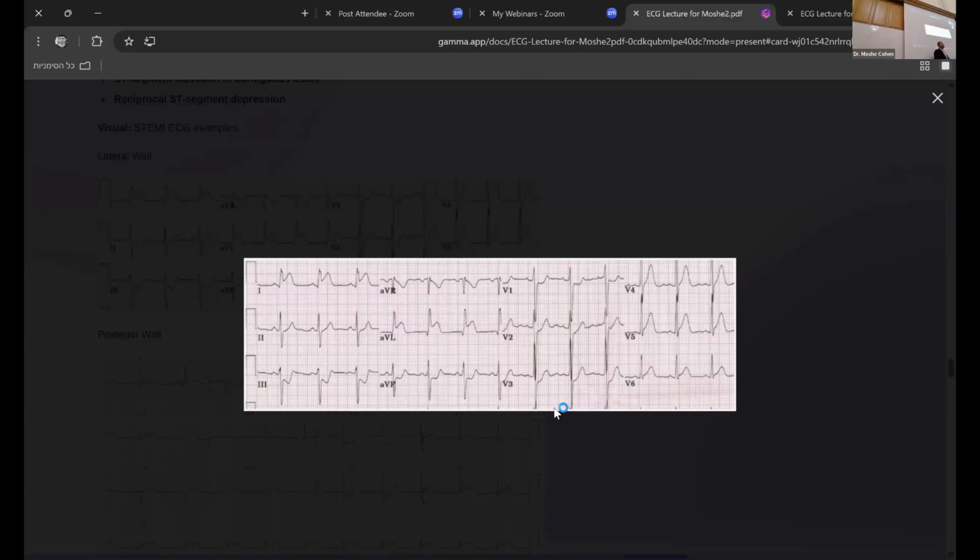This is an ST elevation myocardial infarction in the left lateral leads. Most likely, there is an obstruction in the left anterior descending artery or the left circumflex artery. So when a cardiologist is looking at this ECG, he knows that this patient has ST elevation MI, and he knows where, in which part of the heart.